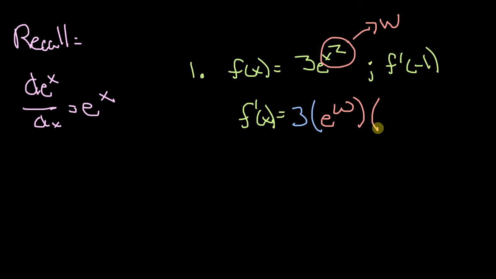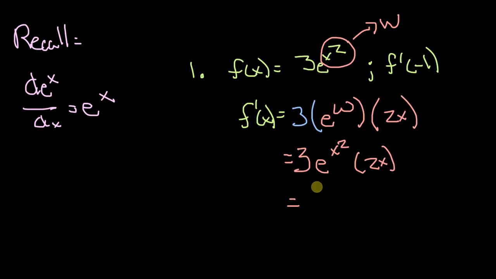So the derivative of x squared is just 2x. But we know that w was not in our original function, because this is the function with respect to x. So we kindly replace w with what we had previously. So this is just going to end up like this times 2x.